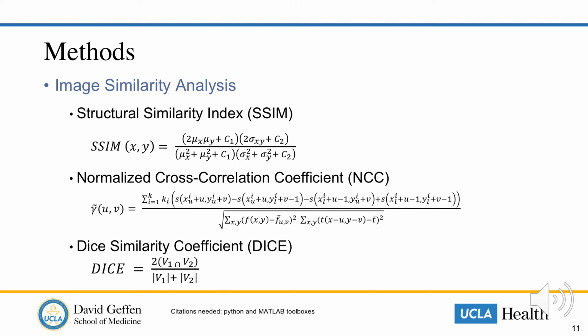Normalized cross-correlation coefficient, which is useful in identifying the relative shift between 2 similar-sized images, with values ranging from 0 to 1, meaning no shift detected. And dice similarity coefficient, a spatial overlap index, where the value ranges from 0, indicating no overlap, to 1, indicating complete overlap.